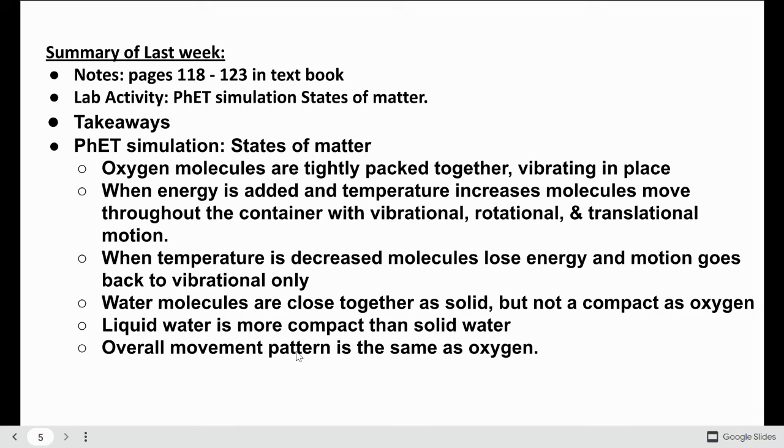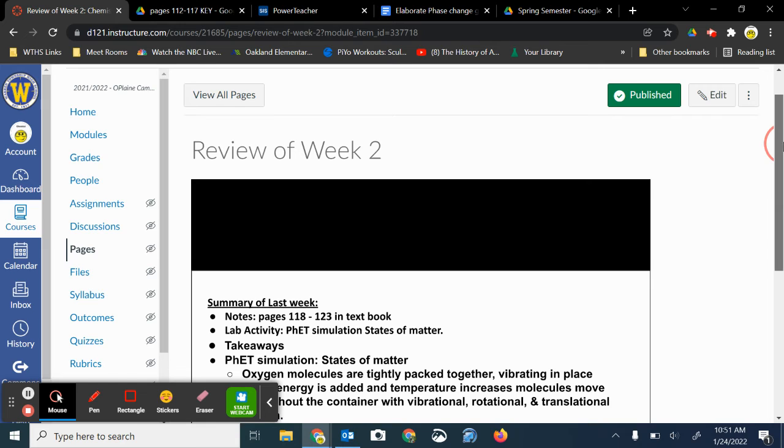However, water molecules as a solid are close together, but not as compact as what we saw with oxygen. Our liquid water is more compact than solid water, and this is why ice will float on water, because the density is slightly more for water than it is for ice. All right, so those are our major topics for the week.